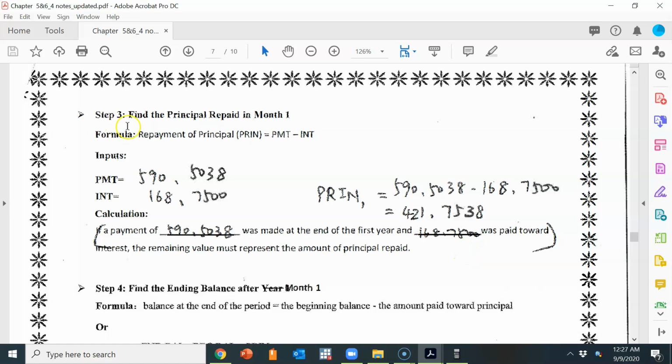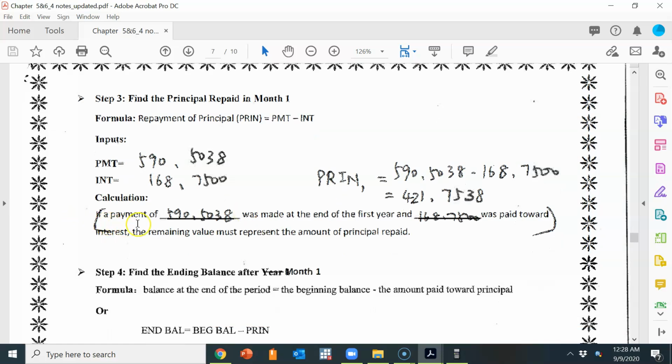Step 3, we need to find the principal payment in the first month. We're going to use the total payment in the first month, 590, minus the interest payment in the first month, 168. So the difference between the two is 421.7538, and this is the PRIN, the principal payment in the first month.